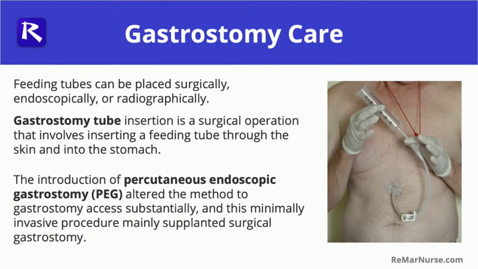Now, you may hear the term PEG tube very often too. PEG tube is the newer way to place this kind of feeding tube. When we talk about an endoscope, it means we're putting the tube through the mouth.